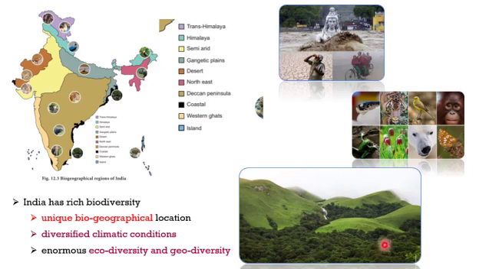Geographical diversity means the entire region, as I told you in my previous tutorials. This picture is taken from the web, and this is our Western Ghats. Look how beautiful it is, right? So we have very diversified ecological and geographical diversity in our country.